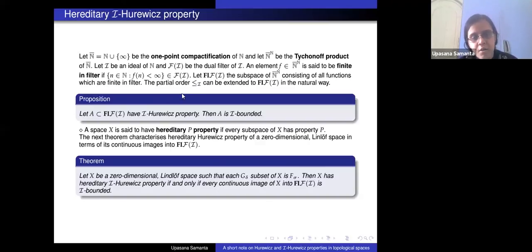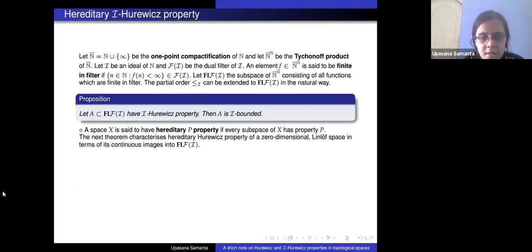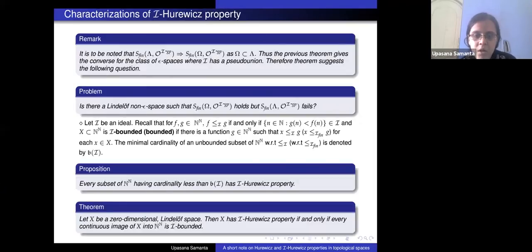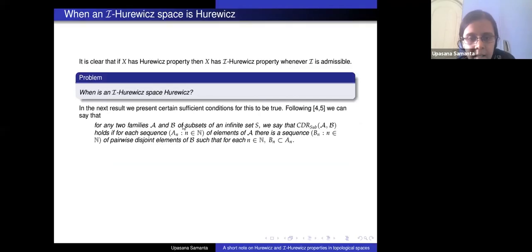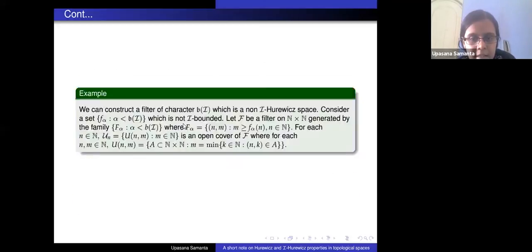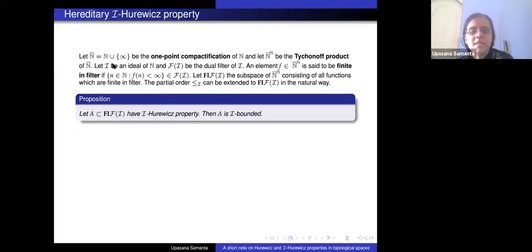And the partial order, in previous slides, I have shown what this relation is. This is the relation, okay? But here, look, f and g are members of this one. But if we take this space, this relation can be automatically extended to here.